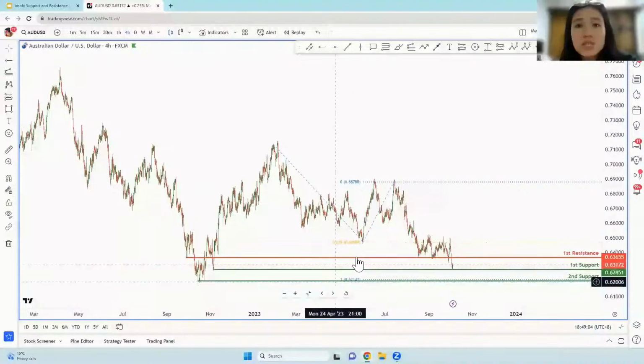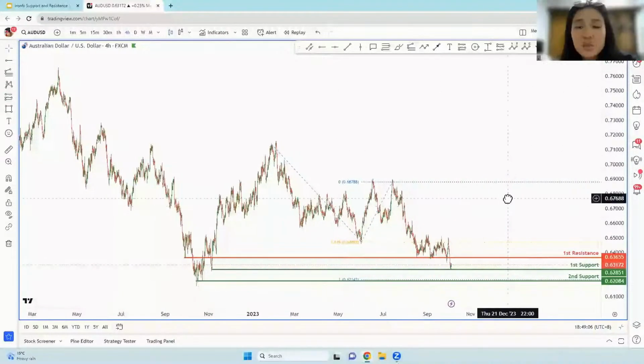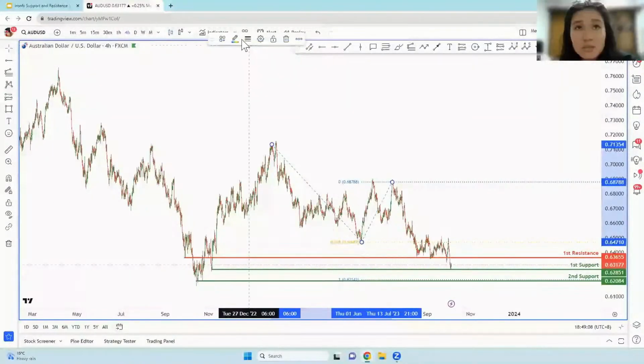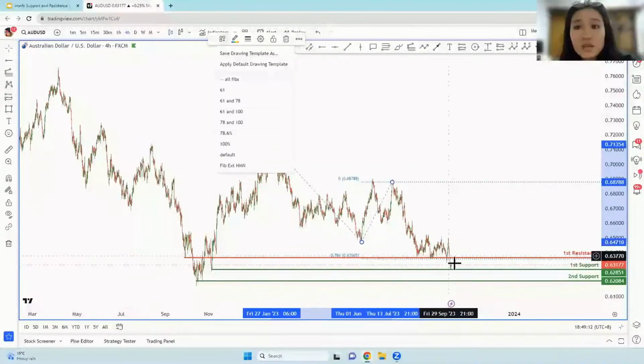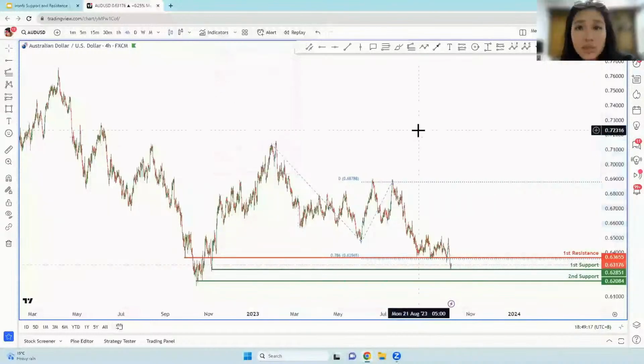My 100% level lines up with my second support. Let me see if my 78. Okay, it lines up, but it's no longer valid because price has already broken out of it. So just my 100%.